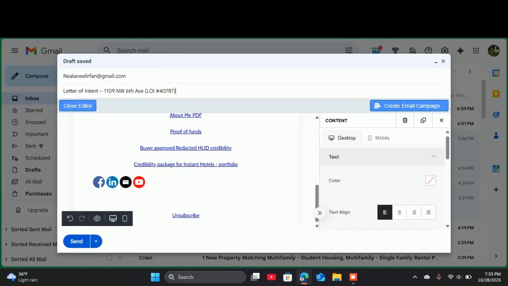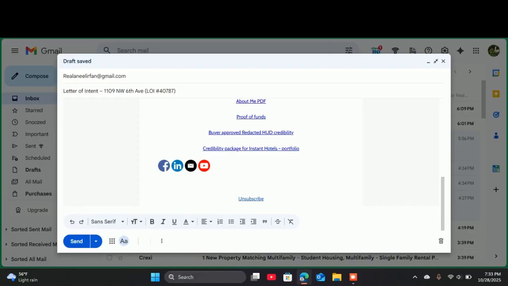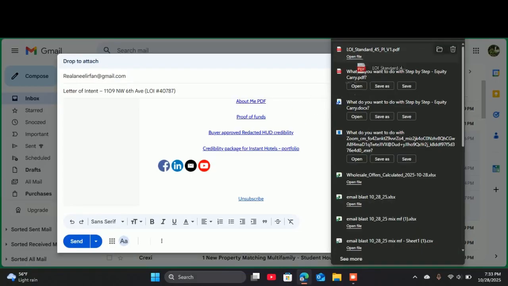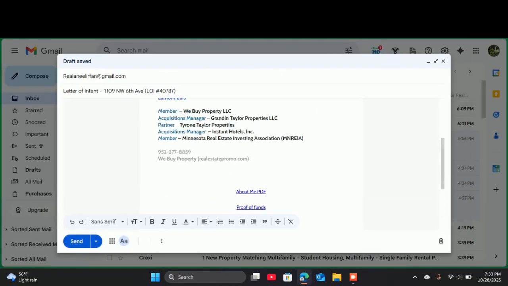Make sure the letter of intent is attached. We're going to close this out and attach the letter of intent. Is that it? Otherwise, standard. I think that is it.